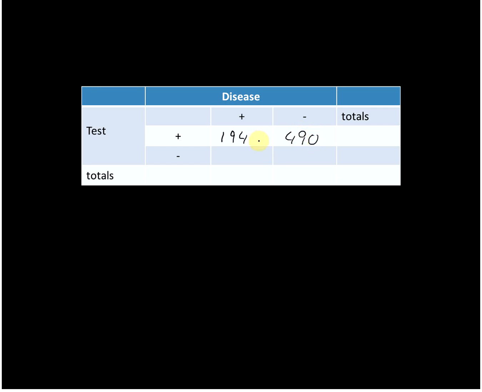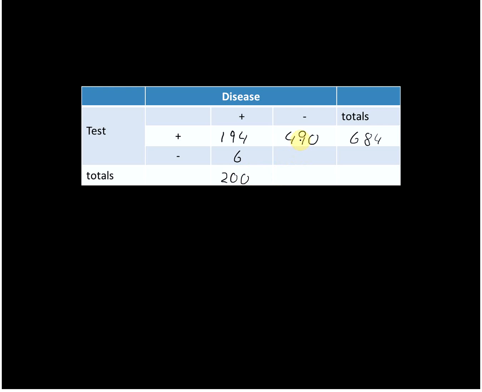And we can also do the total here. We just add these two together, 194 plus 490. This gives us a total of 684 individuals. 684 individuals test positive. Now, disease, yes, so people who have the disease but test negative, we said this is 6. And we can calculate again the total here, 194 add 6 gives 200.